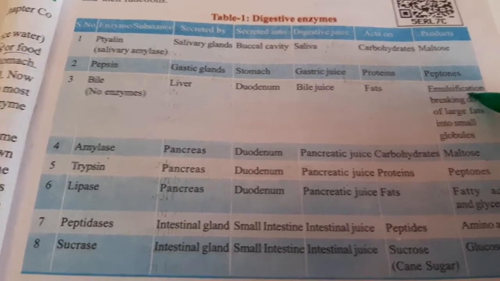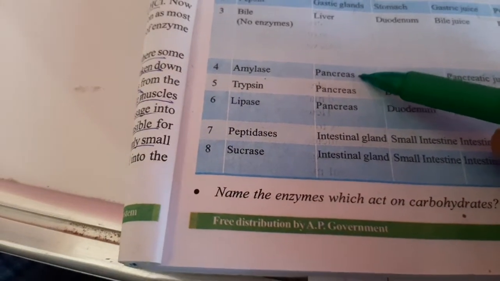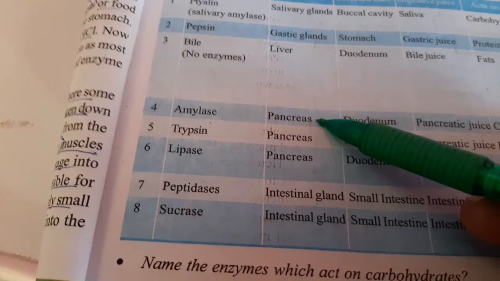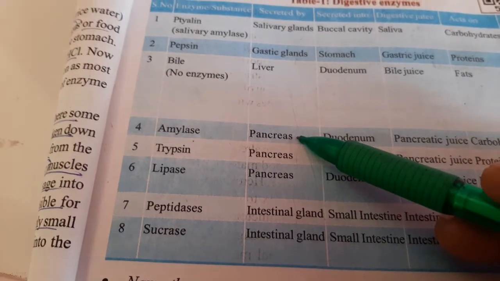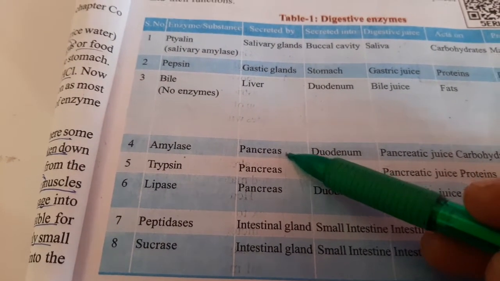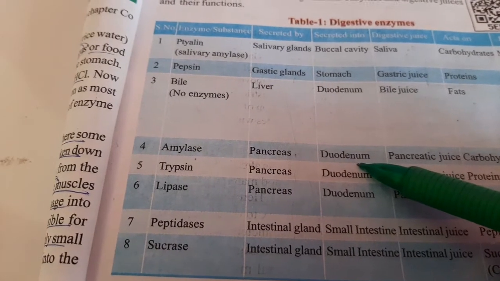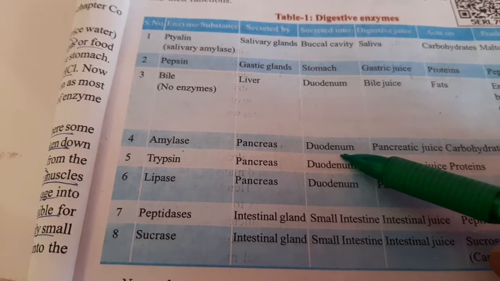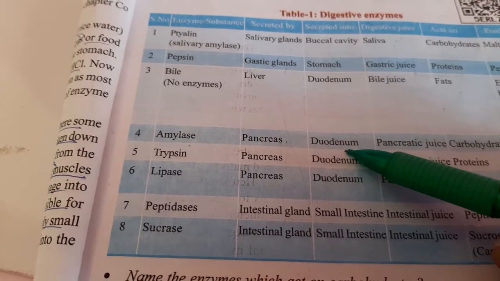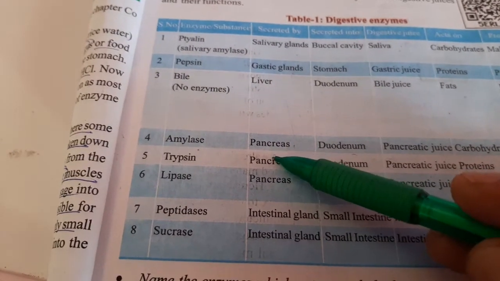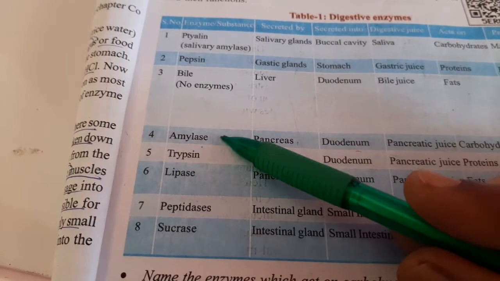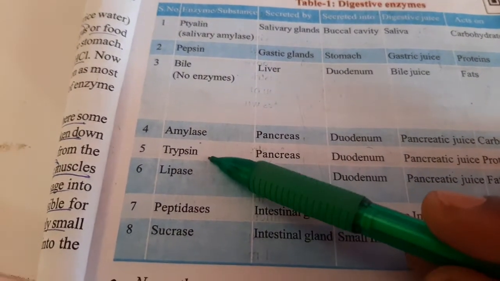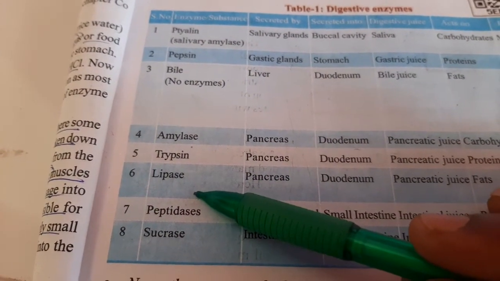Okay, now come to the next gland, that is pancreas. So pancreas also located in duodenum. So duodenum is the very first part of small intestine. So this pancreas produce three types of enzymes: amylase, trypsin, and lipase.